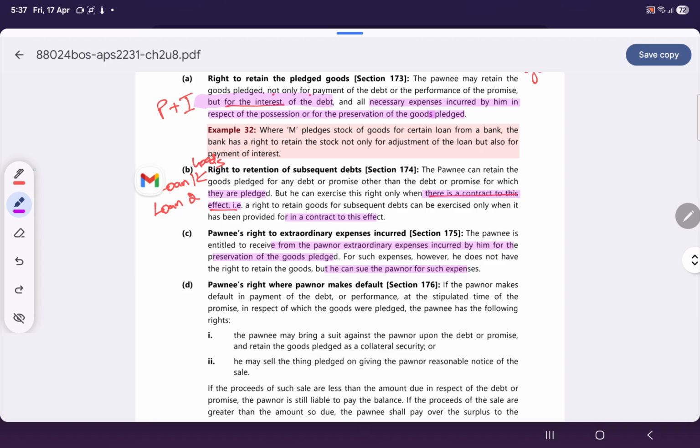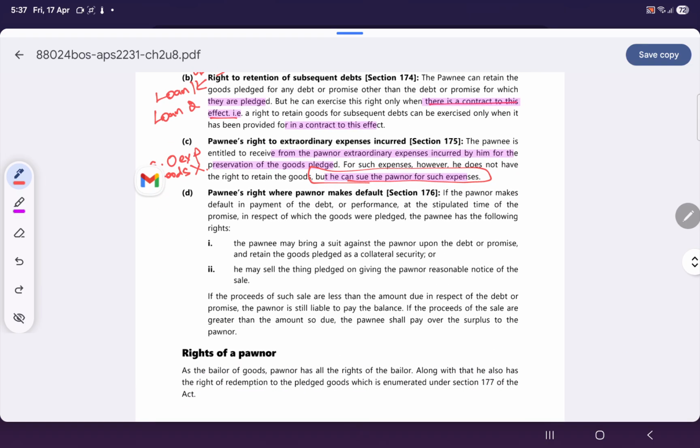For principal, interest and necessary expenses, he can retain the goods. But for extraordinary expenses which he has incurred, he cannot retain the goods. But he can sue the pawner for such expenses.